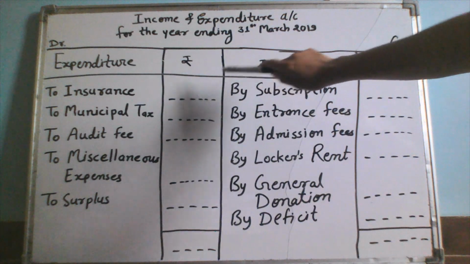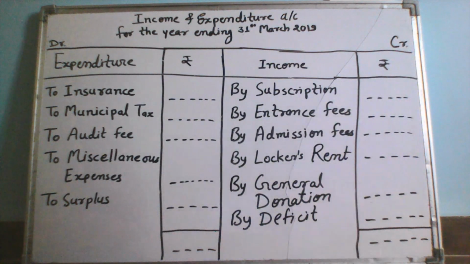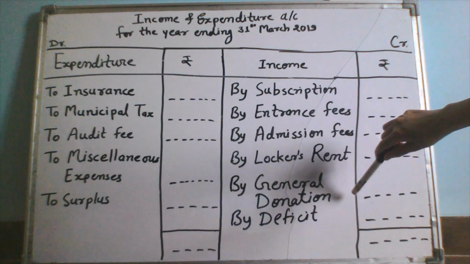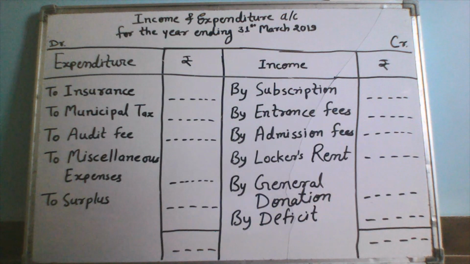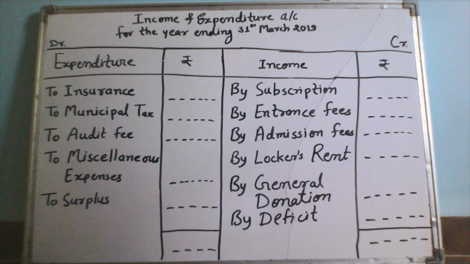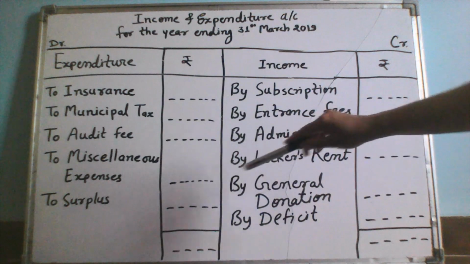The main aim of preparing the income and expenditure account is to find out the surplus or deficit. We will record only those items which belong to the current year. We do not record those items which belong to the previous year or to the coming next year. So in the question, we will total both sides.